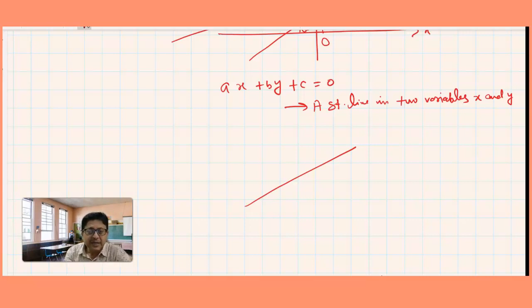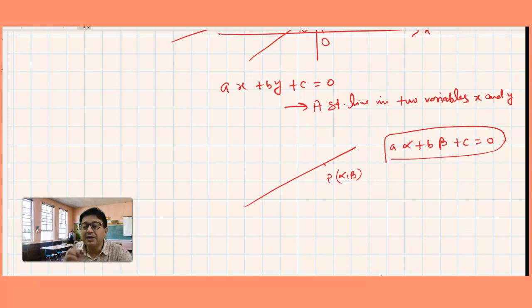Any point on the line will satisfy this condition. So if there is a point, say alpha comma beta, on the line, then the equation will be satisfied. It means if you replace x by alpha and y by beta, a alpha plus b beta plus c is equal to 0. This condition has to be satisfied if a point alpha beta lies on the line. Never forget this: if a point lies on a line, it must satisfy the equation of the line.